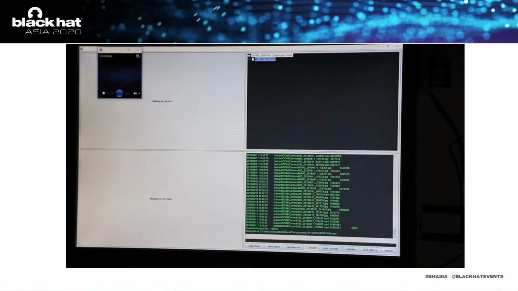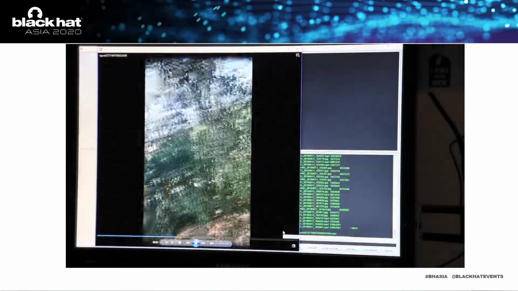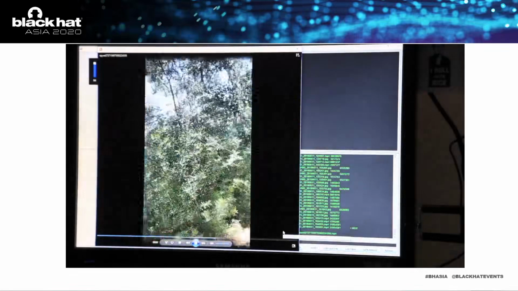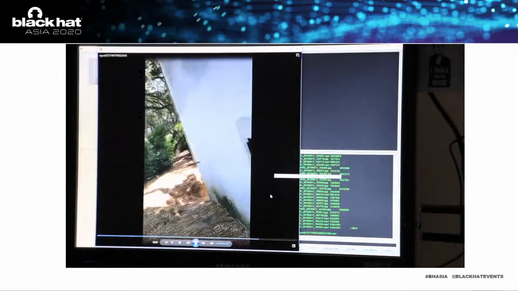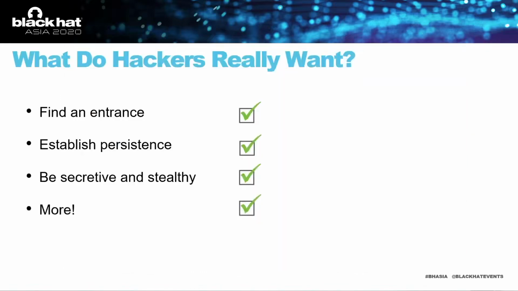And the attacker side. Hello? Who's calling? Fish.